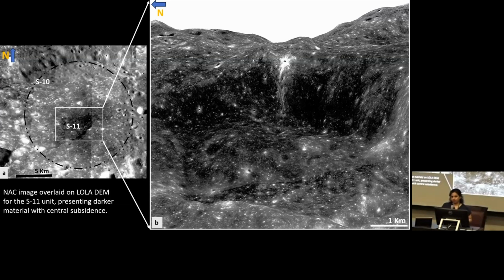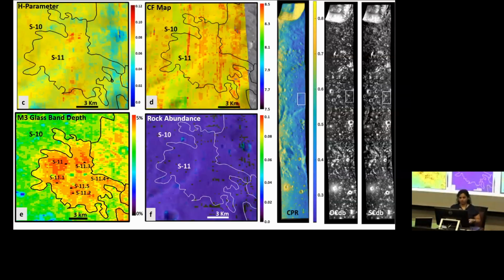So this is the central pyroclastic bearing unit S11, and we created a NAC 3D image which shows a prominent subsidence as well as very dark material in the NAC data, which is located at the central part of the caldera of the shield. S10 is the caldera, S11 is the pyroclastic deposit.